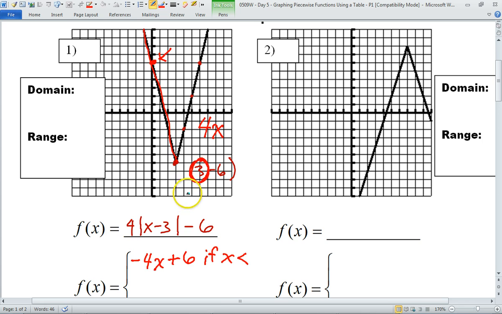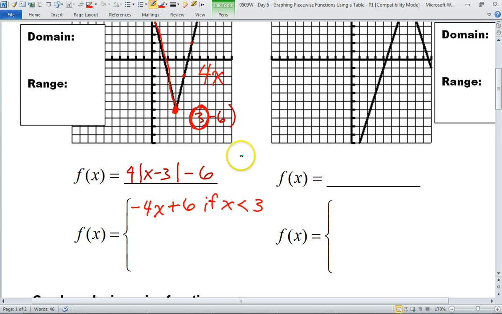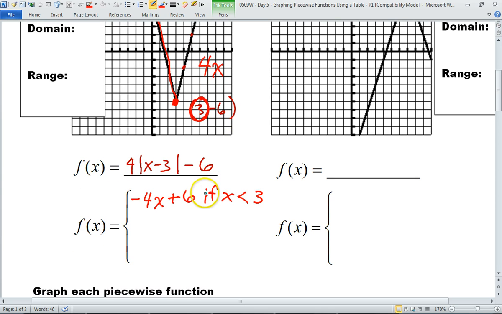The x value of my vertex there. This is the place where it switches from the left branch, and then boom, it becomes the right branch at an x value of 3. So for x values that are less than 3, that's when it's going to be the red branch. Okay? Did I lose anybody on that half of the problem?